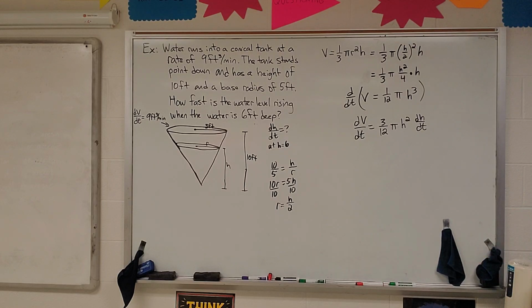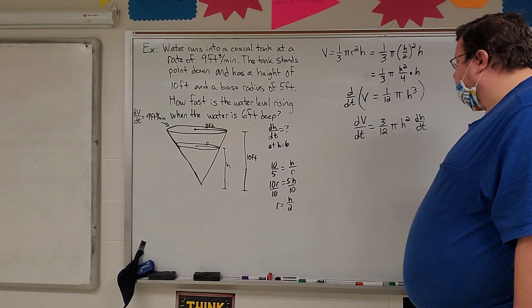I know dV/dt, I know what the height is now. Now that I've differentiated, I can plug in 6 feet for h. Remember that step from yesterday: after differentiation, then you can plug in quantities that change over time or depend upon time.